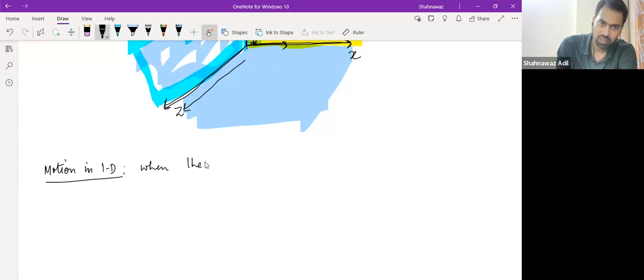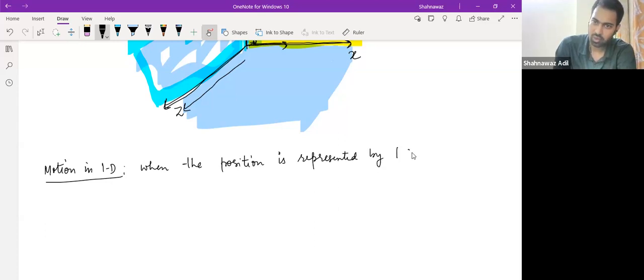So whenever the position is represented by one coordinate only, that motion is called motion in 1D.